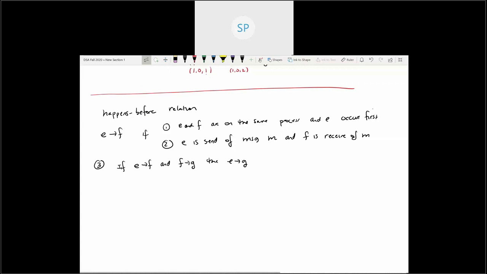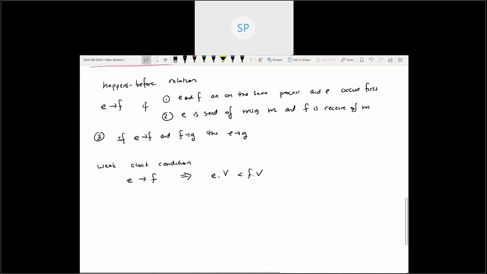And so we first talked about Lamport timestamps and the weak clock condition. We said that if we use Lamport timestamps, those are the integer timestamps, they're going to give us the property that if E happens before F, then the timestamp of E, and I'll just write this as V for timestamp, but any timestamp that we use, E.V is less than F.V. And we showed that Lamport timestamps satisfied that.